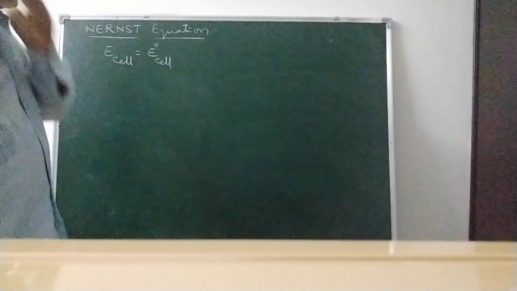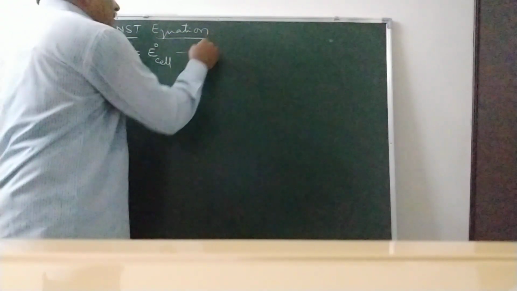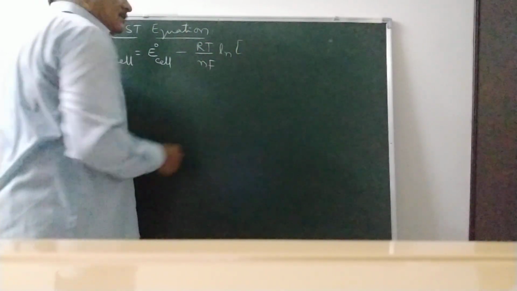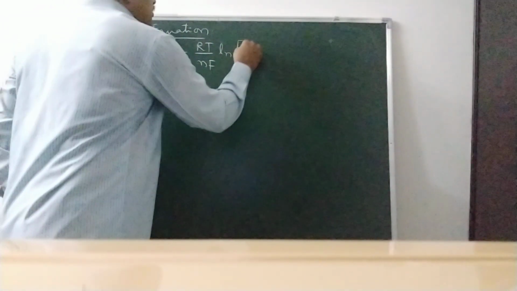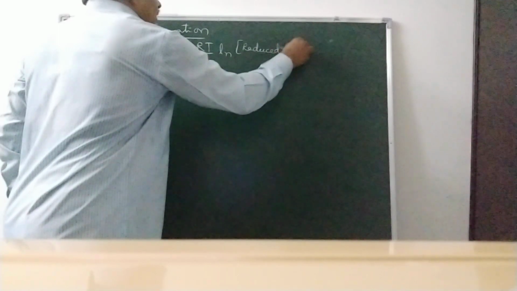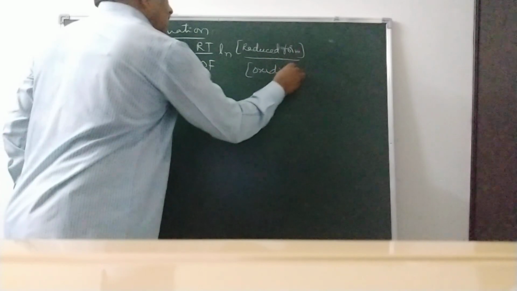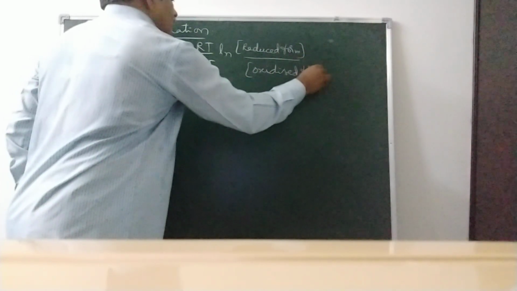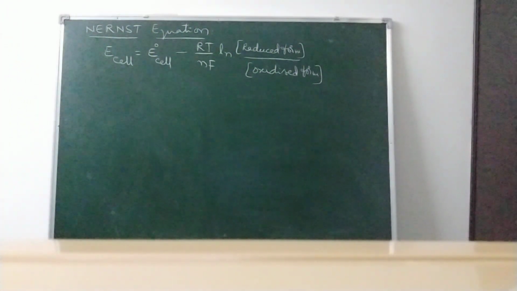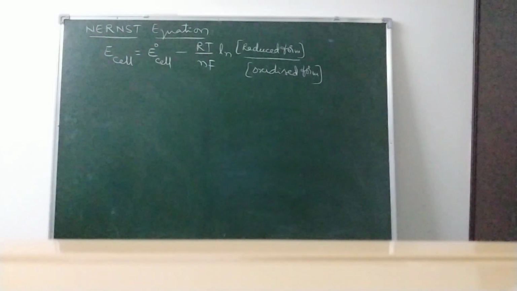E cell is equal to E naught cell minus RT by nF into ln of reduced form by oxidized form. So this is the Nernst equation.